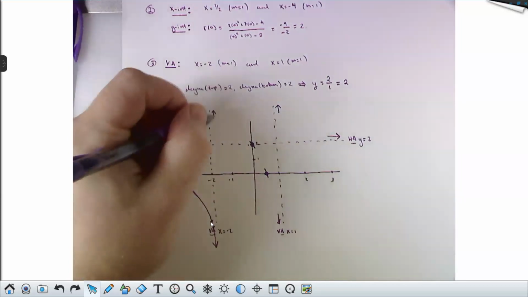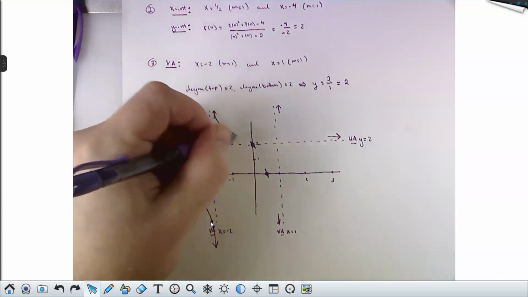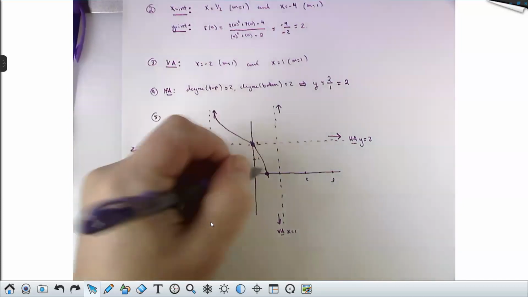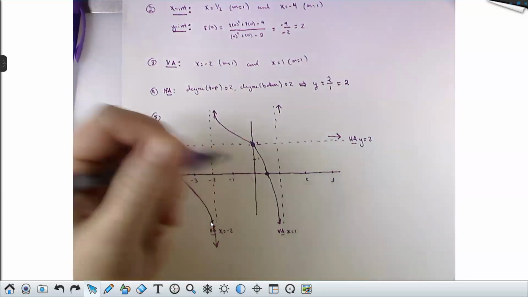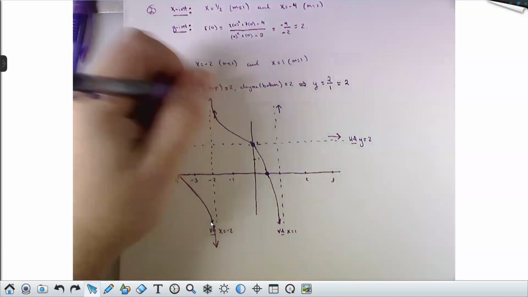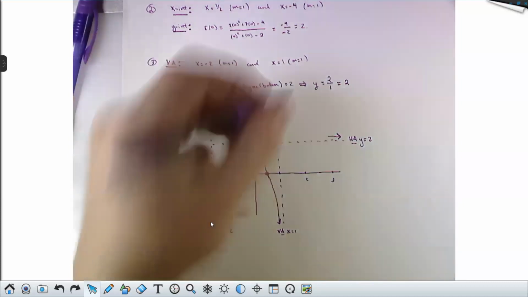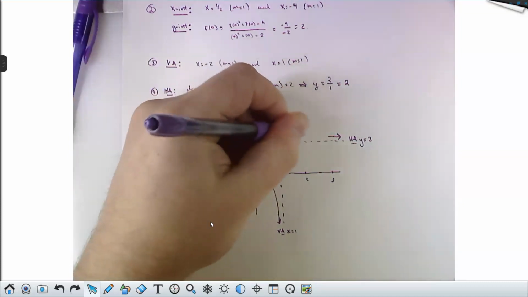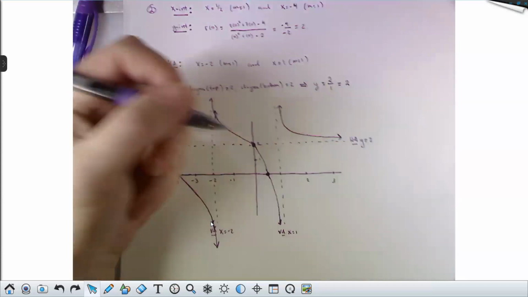Up here, I've got some interesting sort of shape going on, right? I've got something like this. Of course, it continues going up like this. And over here, again, cool little shape going on like this. This one's okay.